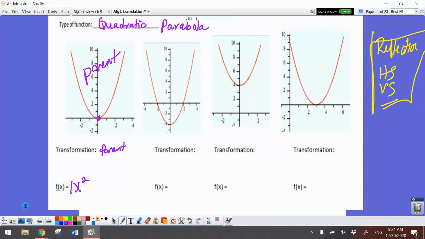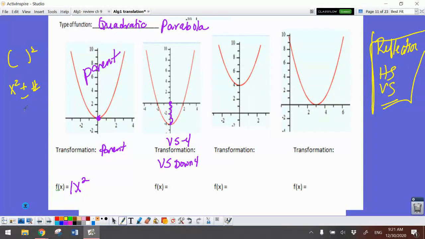All right, so how did I go from (0, 0) to here? 1, 2, 3, 4. That is a vertical shift down of 4, so I can write VS minus 4. We have two choices: something in parentheses, or x squared plus or minus a number.